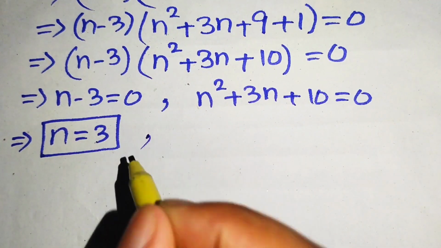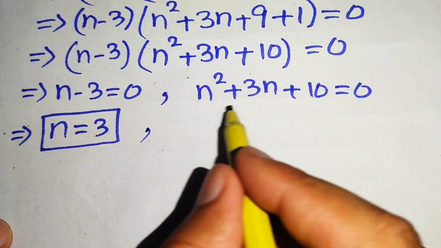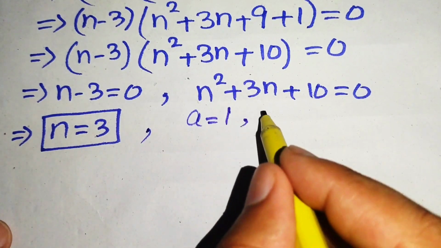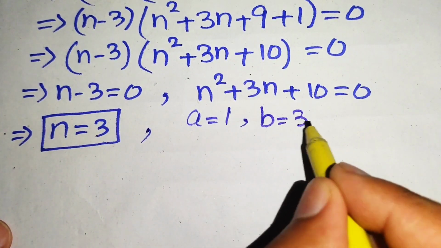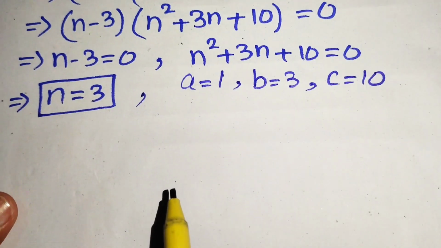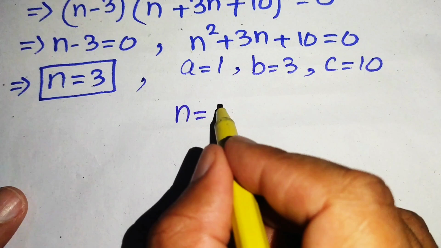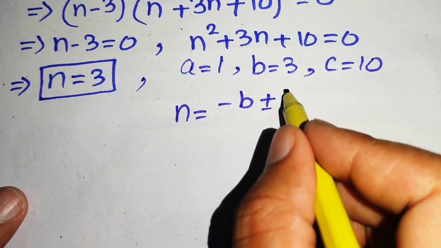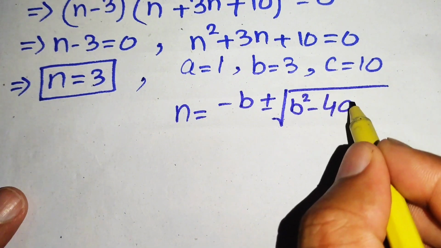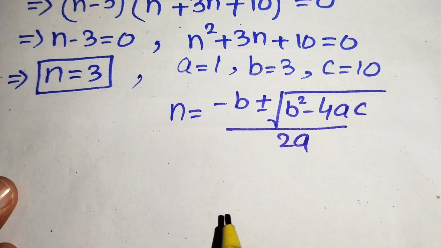Now in order to find the other roots we need to solve this quadratic equation. First we write the coefficients of this equation: a equals 1, b equals 3 and c equals 10. Here we write the quadratic formula. Our quadratic formula is n equals minus b plus minus square root of b square minus 4 times ac, divided by 2 times a.